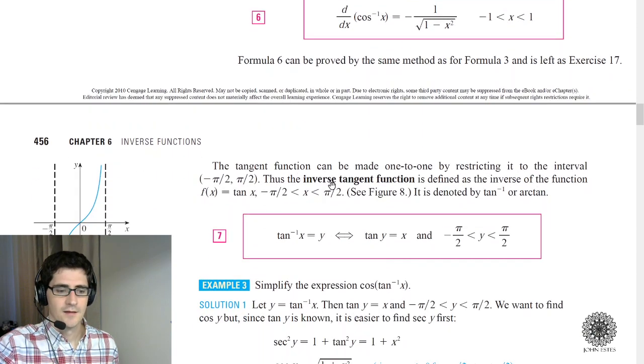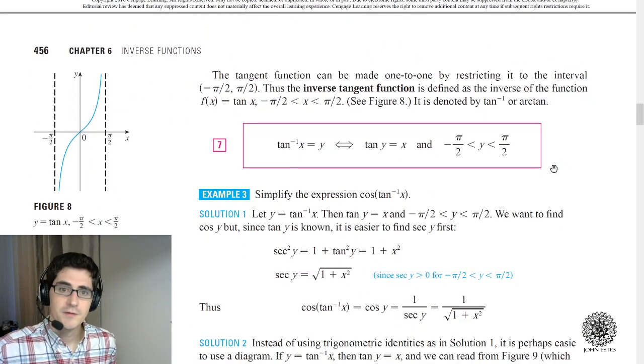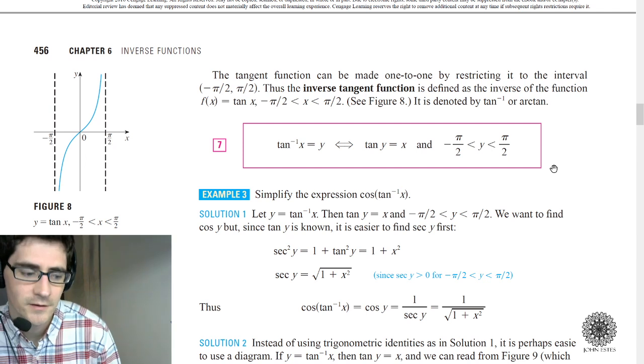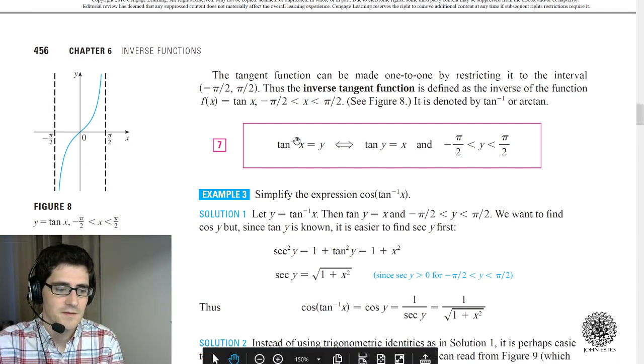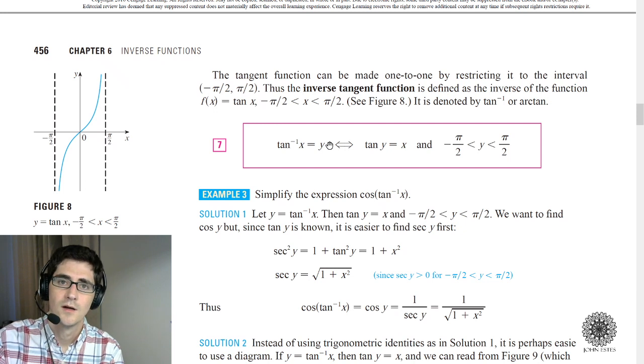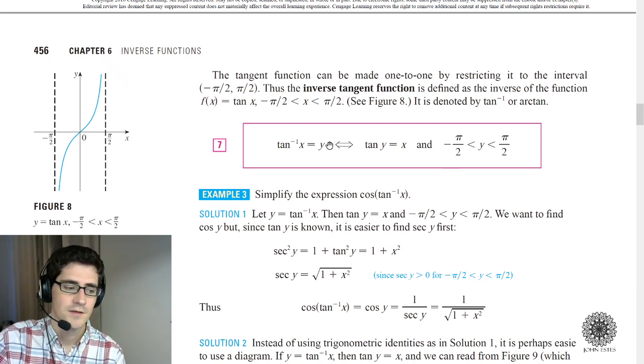Okay, let's move on then to something a little bit more interesting, and that's tan inverse or arc tan. All right, so here we have tan inverse of x as y, and remember tangent is negative in quadrant 4, positive in quadrant 1. So just like we did with sine, here's the graph, and notice you have these vertical asymptotes at pi over 2, and you have this nice curve.